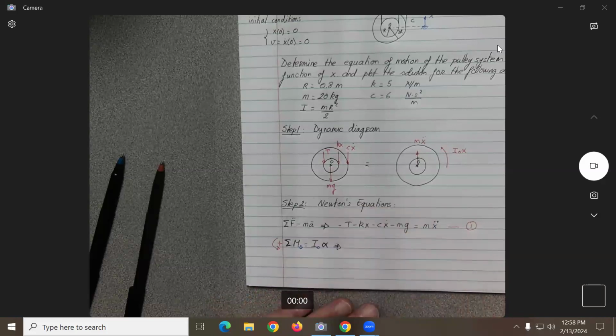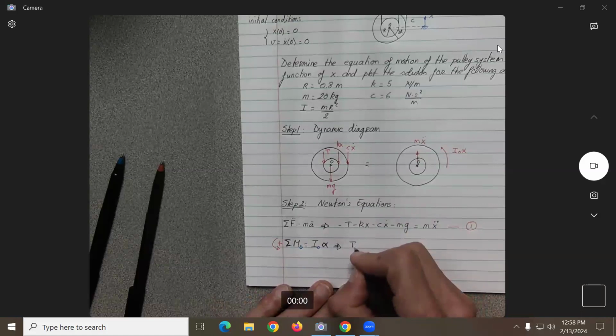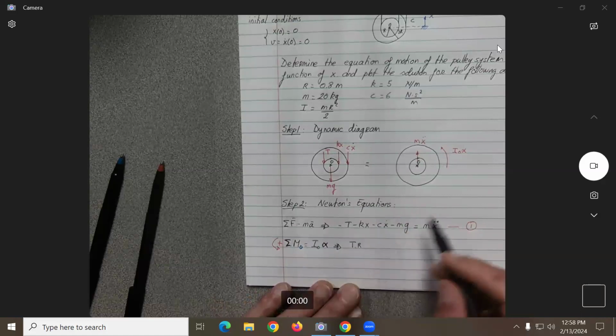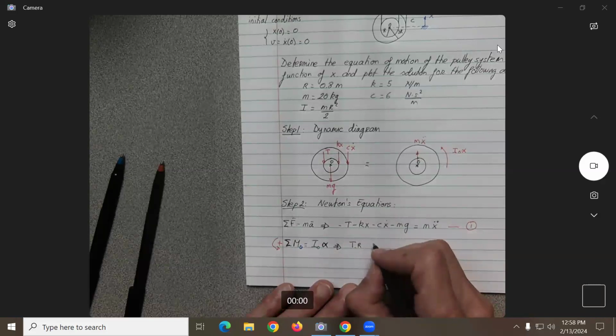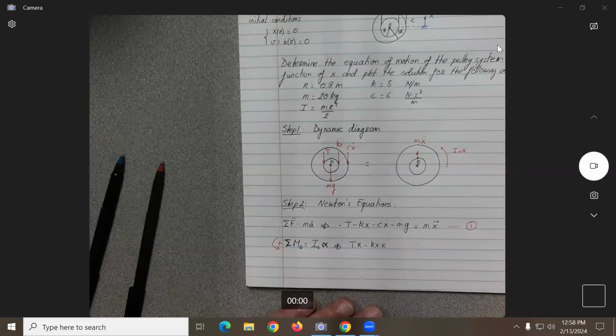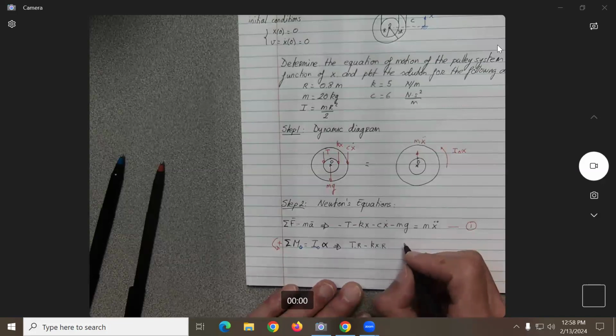What would be the moment created by the force T? Will it be positive or negative? Positive, correct. What about mg? Okay, what about kx? Minus kx r. And what about c x dot? Minus c x dot.